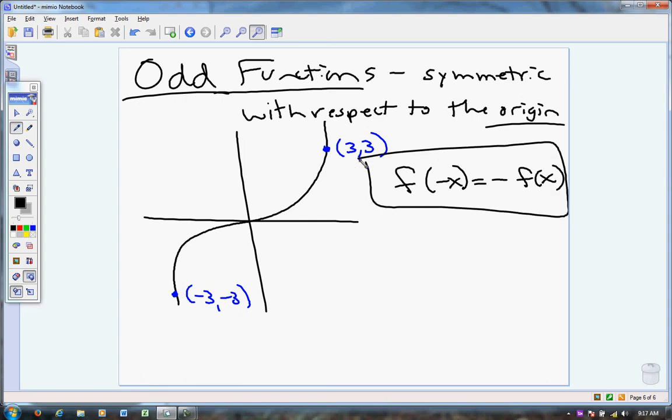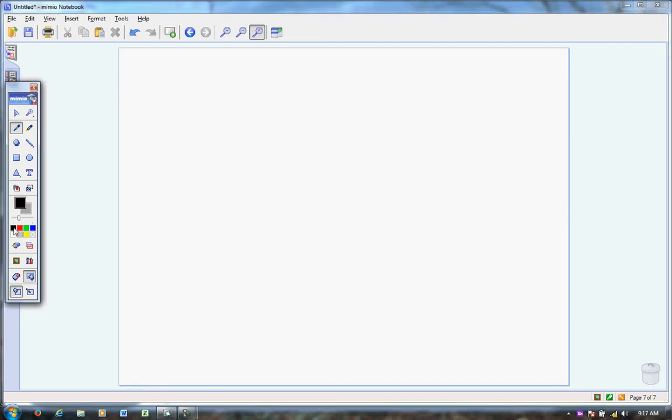Now, that little opposite on the right side, people mess that up all the time. Okay, this little thing right here, you're probably better off thinking of this as negative 1 times the function. So let's see if I can use this test algebraically.